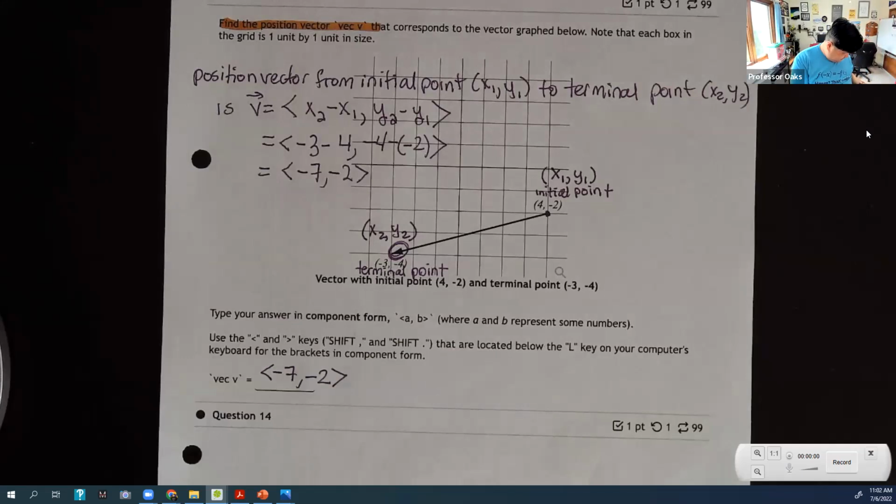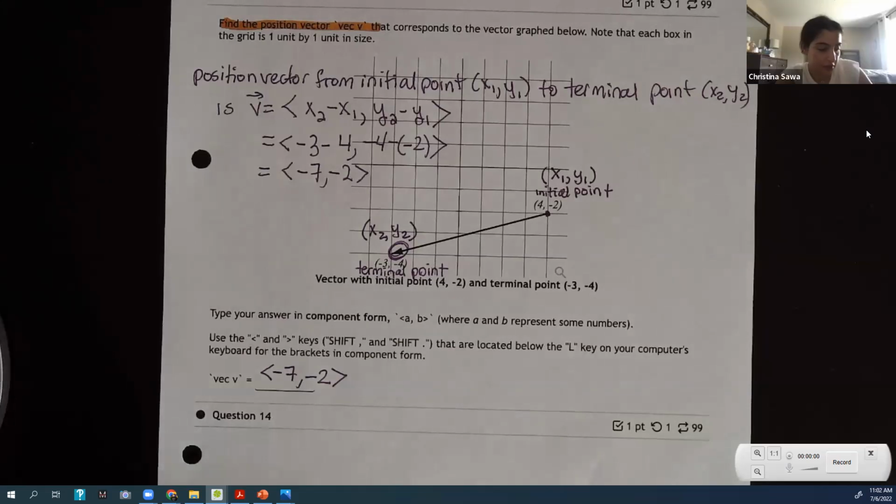Do you have any questions about that one? Okay, then. It's really easy. This is actually not that bad. I feel like even 15, 16, and 17, once you see the formulas, will probably be okay for you.